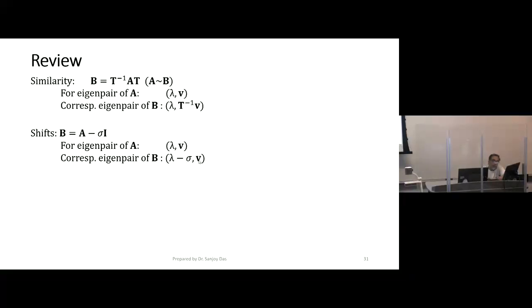The eigenvectors don't change due to the shift. I'll give you a nice way to use this shifting property in just a minute. For an inverse, what happens? For the eigenvalues, you take the reciprocals, the multiplicative inverses, 1 over lambda. The eigenvectors won't change.